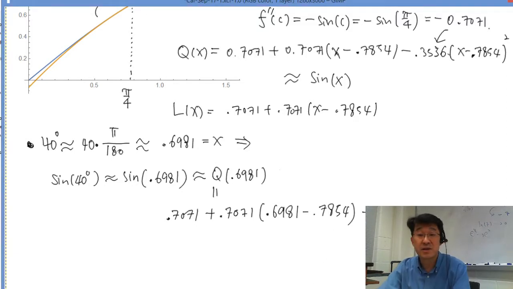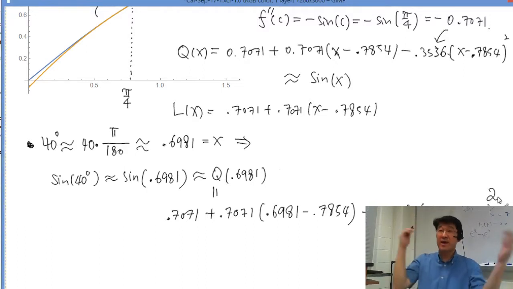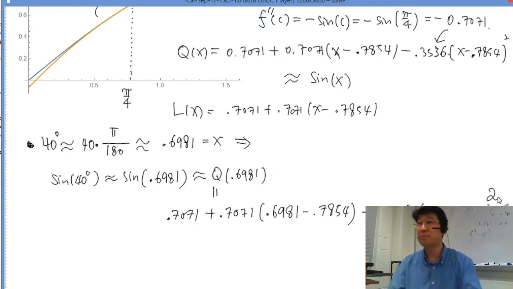And minus 0.3536 times 0.6981 minus 0.7854, then squared. Now imagine you're doing this one by hand. Multiplying is so boring, but it's something we can do by hand, if you have time.